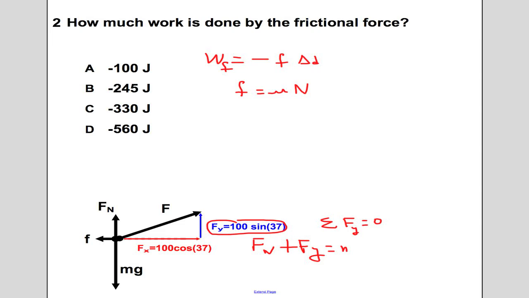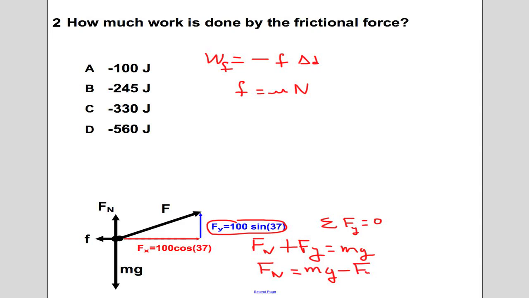So the normal force is going to be a little less than the weight, and is going to equal the weight minus the y component of the applied force.